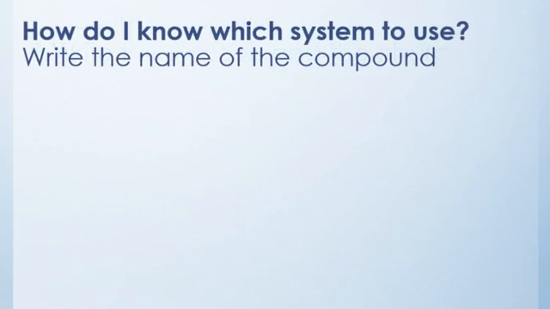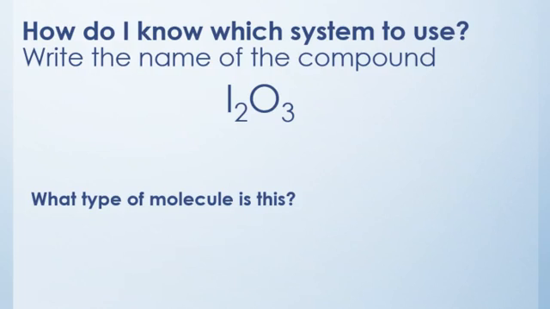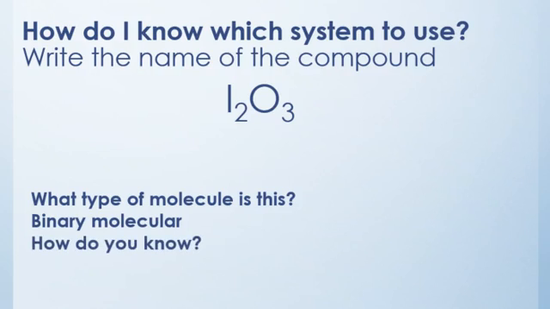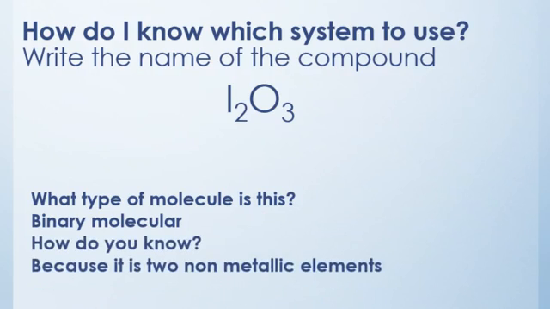How do I know which naming system I use to write the compound name for I2O3? You go look on the periodic table to find out what kind of molecule this is. Both of these are nonmetals, so it's binary molecular. I know that by looking at the periodic table and seeing that they're both nonmetal elements.